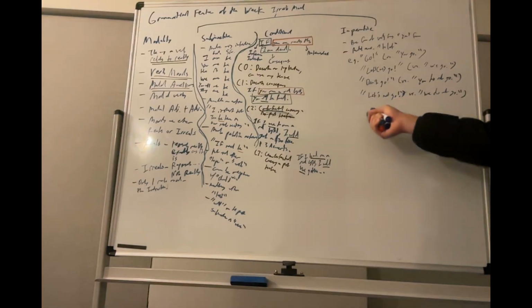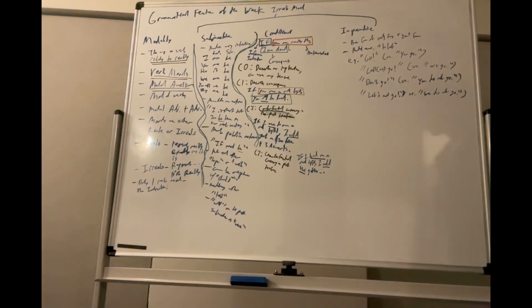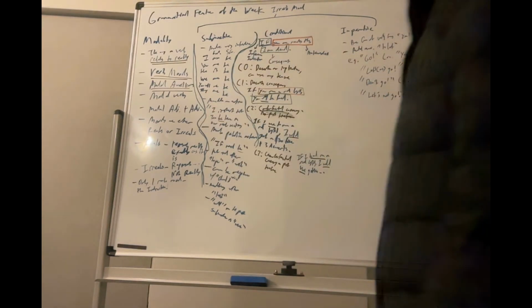So it's only when let is not used that you need to add do for negation. And that's it for mood.